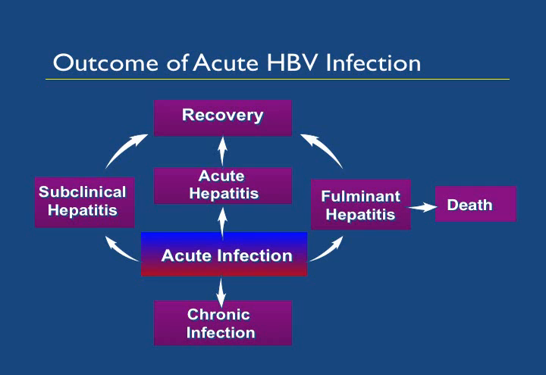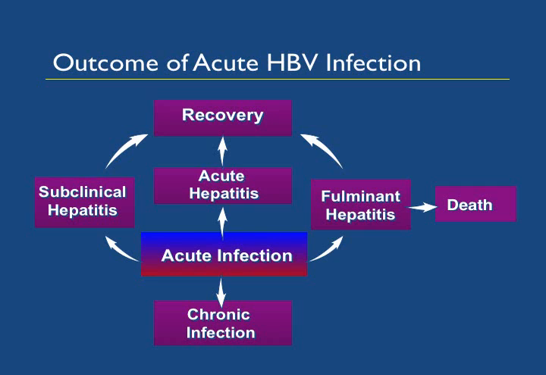A very small proportion, probably less than 1%, develop a very severe form of acute hepatitis with coagulopathy, meaning increase in INR and prothrombin time, as well as encephalopathy, meaning getting mentally confused. These patients have a high risk of death, but if they do survive, they would usually make a full recovery.